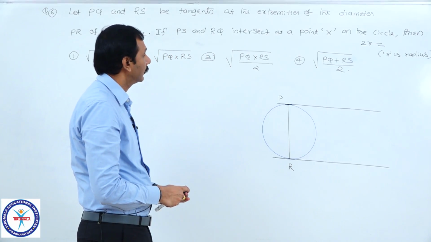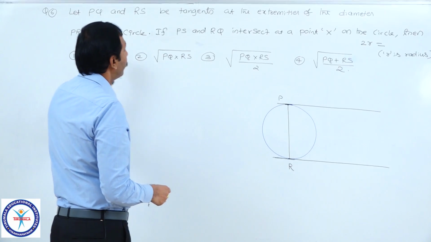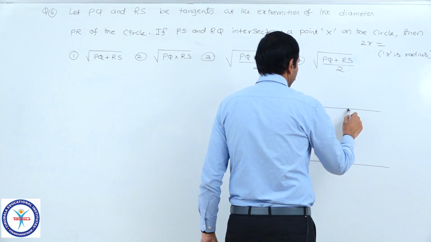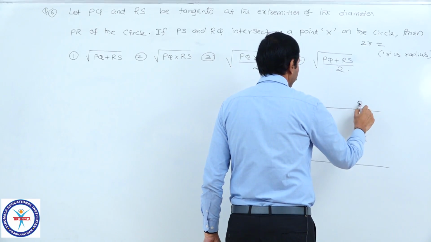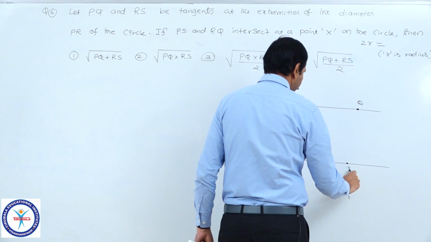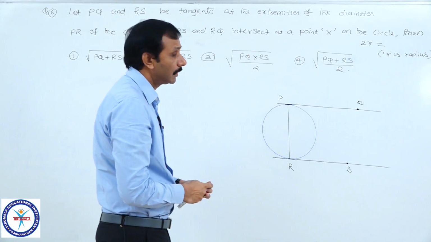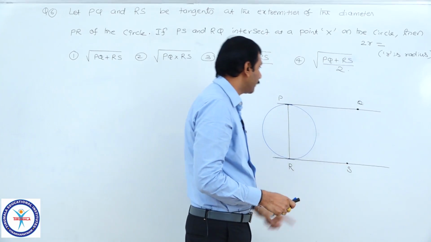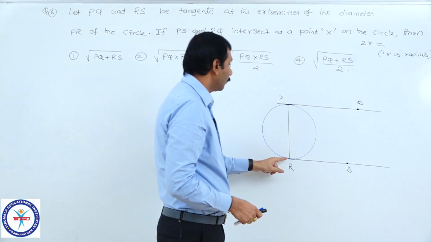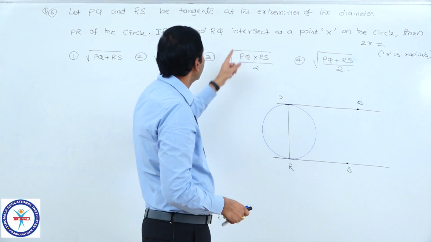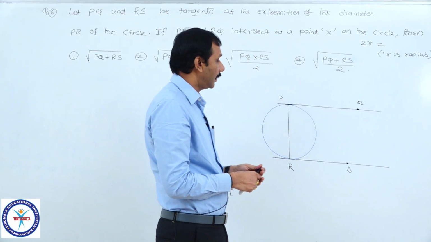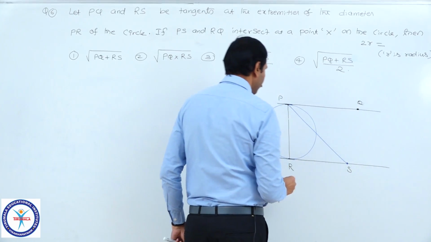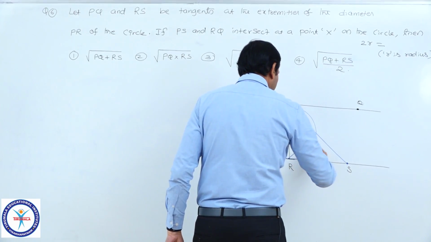Now, of course, names given, PQ one tangent, RS other tangent. Let it be, it is Q, and somewhere here it is S. Now again, PS means joining of these two and RQ joining of these two are intersecting at a point X on the circle. Okay, let me draw this, and also I will draw it.